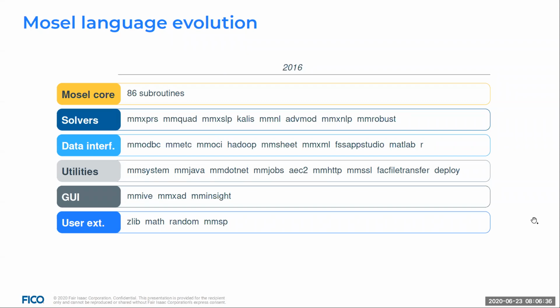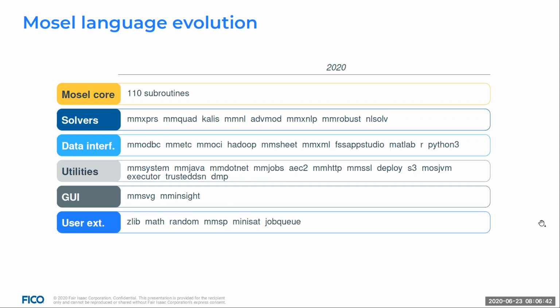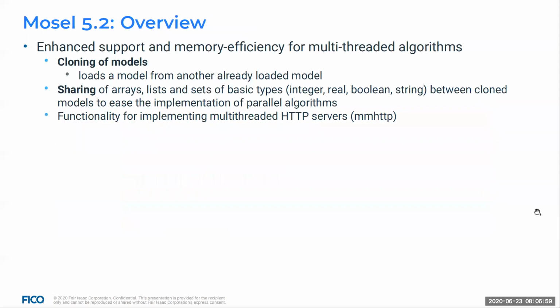And you can see the recent releases add data interfaces, many programming utilities. So this is where we are nowadays. And in these almost 20 years, we have just about doubled the functionality in the Mosel core, and everything else is in different modules, so that we do not render the core of the language too complicated. Now, what have we got in this new release?